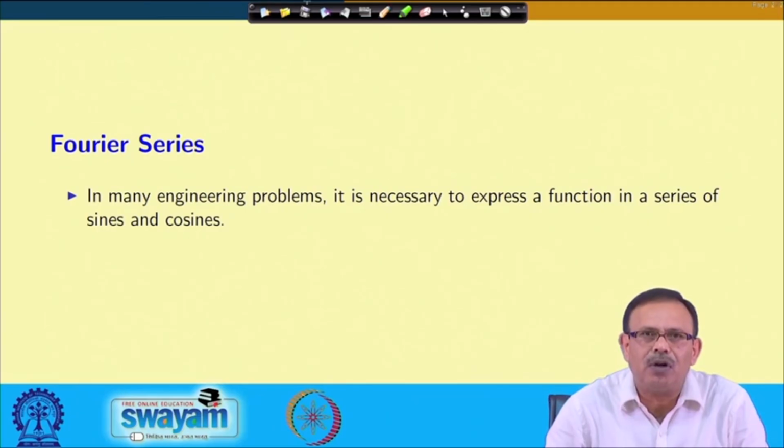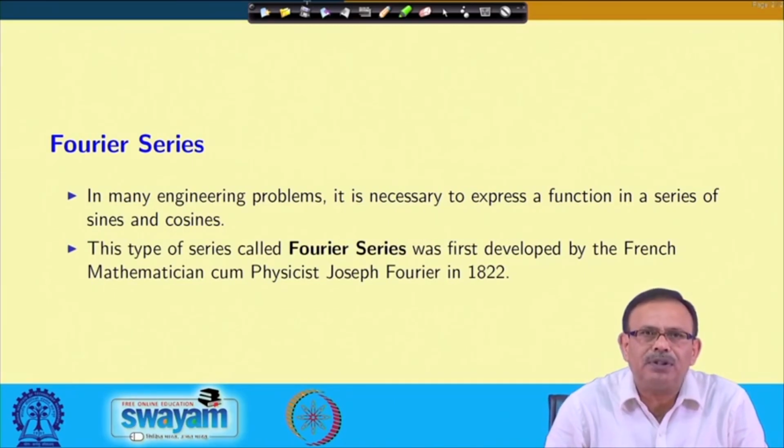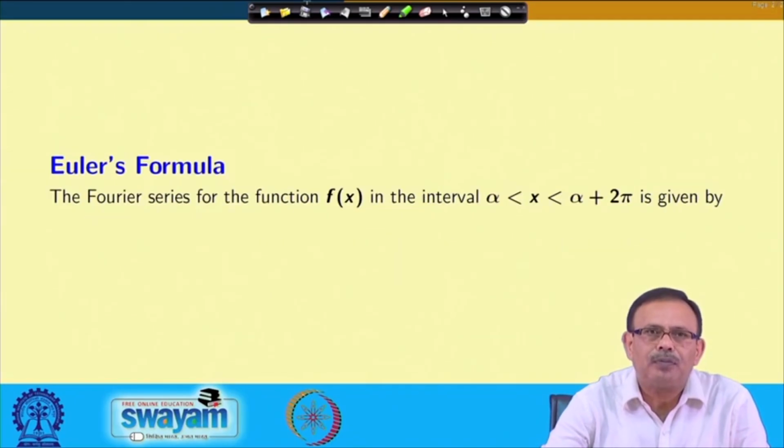That series we call the Fourier series, which was first developed by the French mathematician cum physicist Joseph Fourier in 1822.